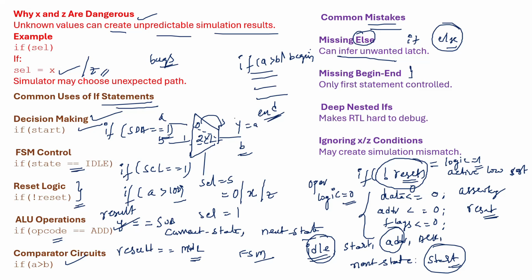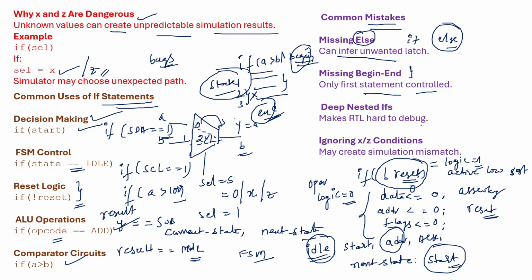Don't skip this begin and end, because if you miss begin end, only the first statement is executed, and the remaining statements, statement 2 and 3, are not executed in your simulation. That is the problem. Only the first statement is controlled, and for the remaining statements I don't know what happens.